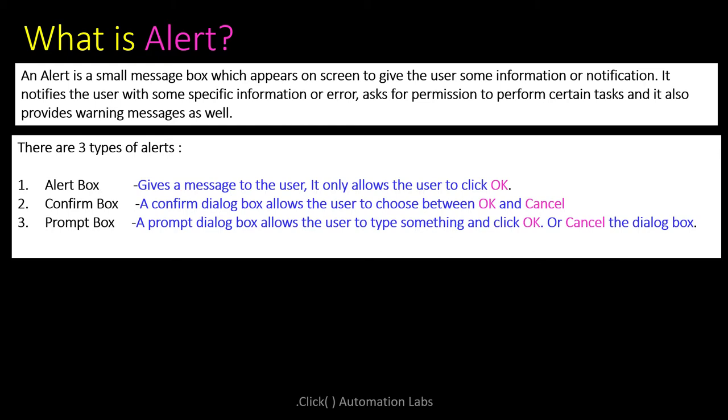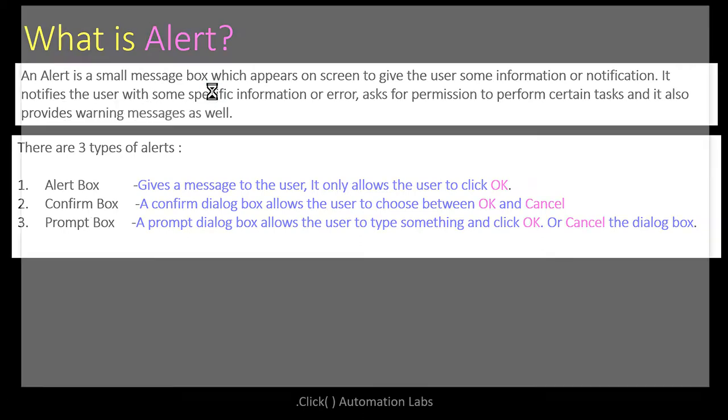A prompt box will have both OK and cancel, including an input box, so you can enter a comment, like I wish to proceed further, click on OK, and you are navigated to the next page with some user-defined message. These are the three different types of alerts we can see in any web page.